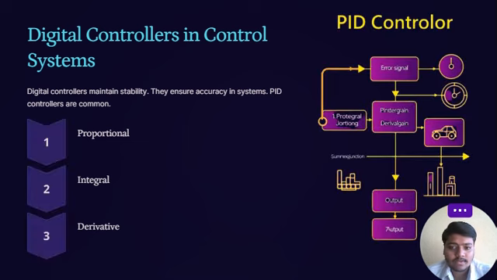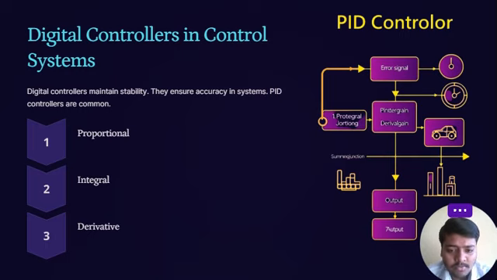Our next slide is digital controllers in control system, PID control. One of the most common digital controllers is the PID controller. PID stands for P means proportional, I means integral, and D means derivative.